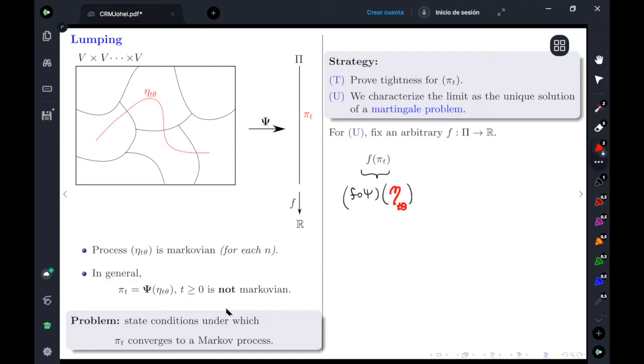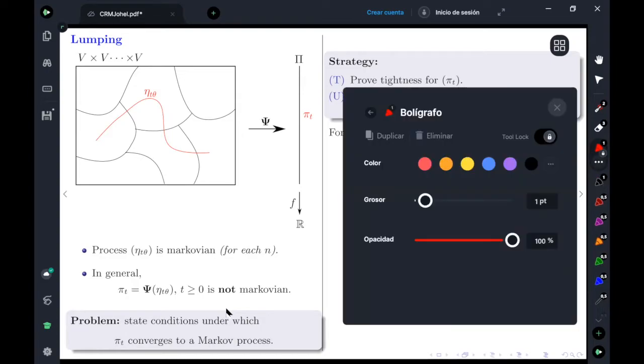Now recall that theta t is in fact a Markov process. And so for this Markov process, you have the generator of this Markov process applied to this function. The induced martingale for our Markov process is eta.